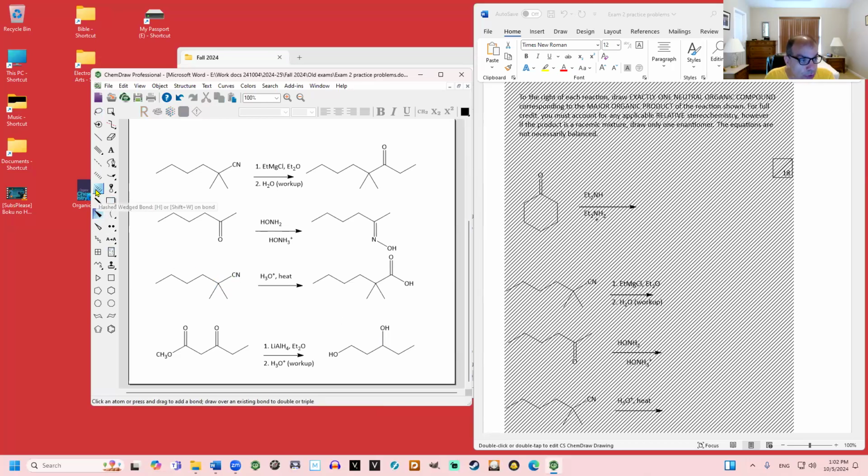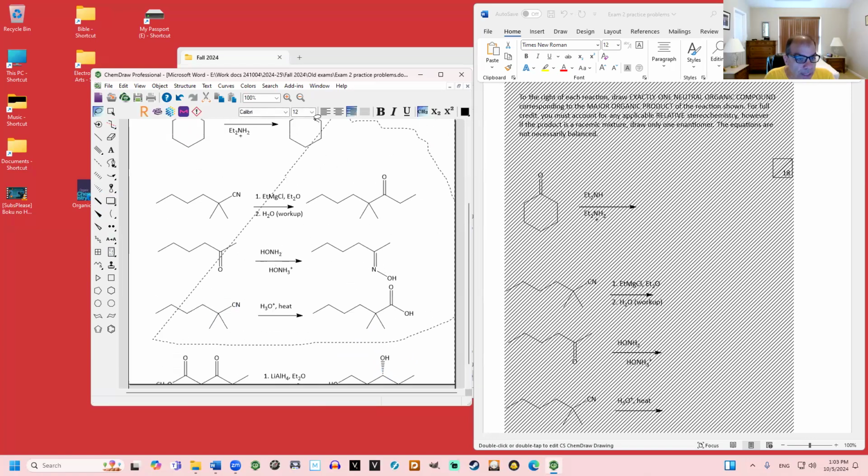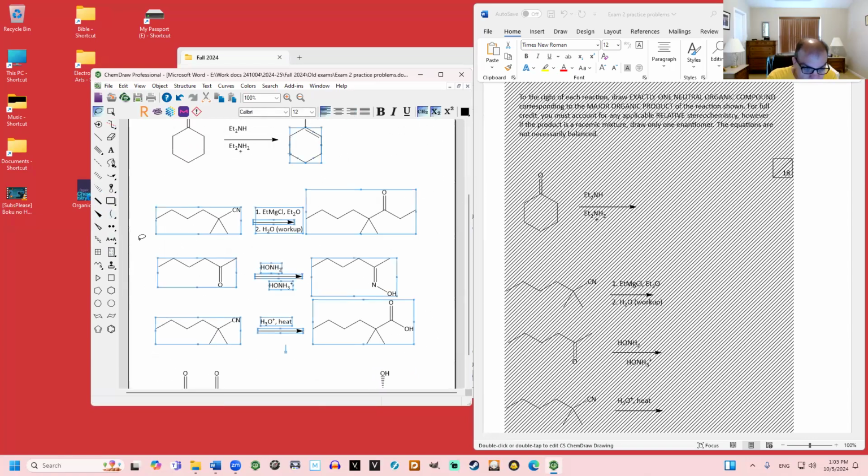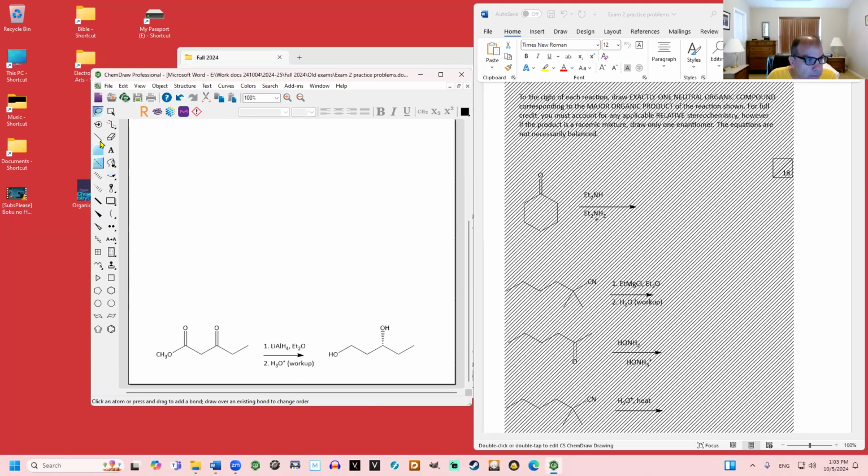So you would need to show either the compound with a dotted bond to the OH group like this, or its enantiomer. In other words, the compound with the wedge bond to the OH group. Either of those are fine. They are equally acceptable. Neither one of those is better than the other.